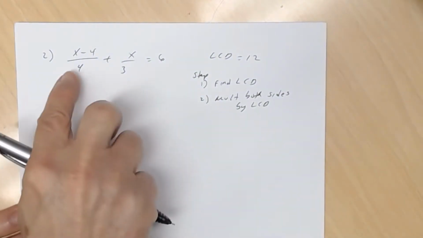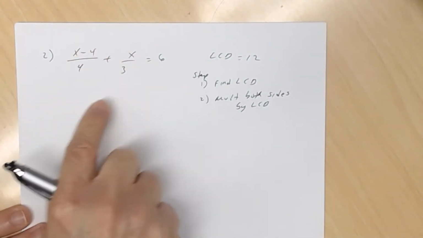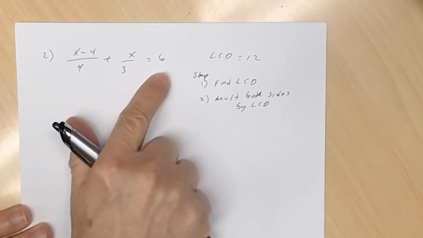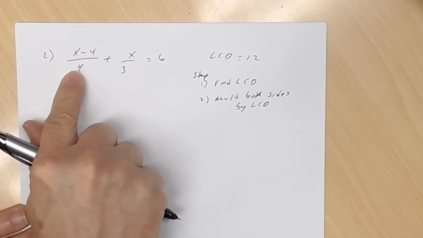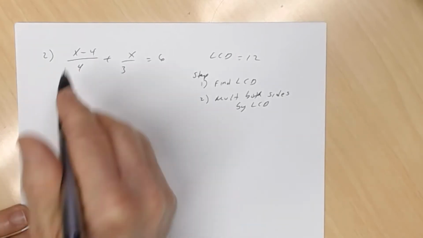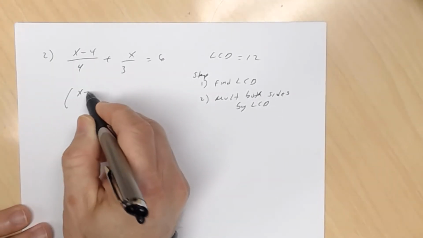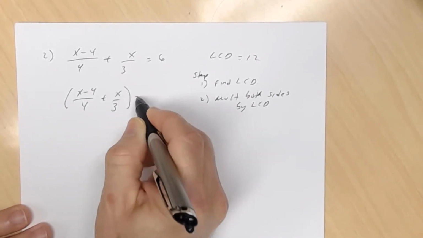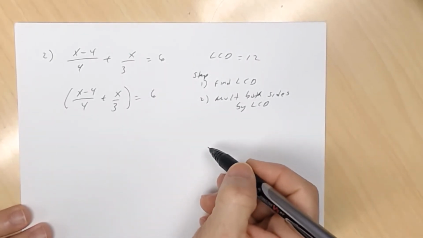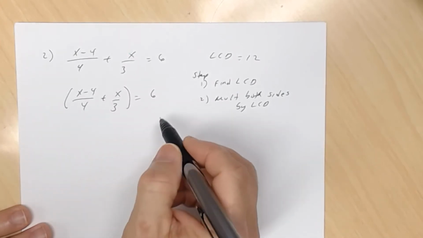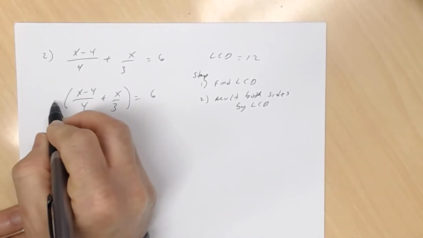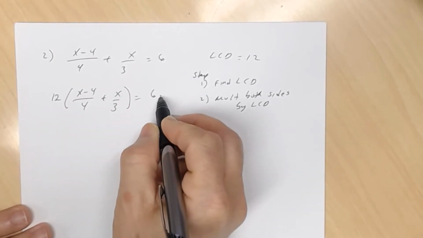How many fractions do you see on this side? You see 1, 2, and on this side you only see 1. So I need to put this in parentheses. That's important. So we get (x minus 4) divided by 4 plus x divided by 3 equals 6. Remember the LCD is 12, so I'm going to say times 12 on both sides.